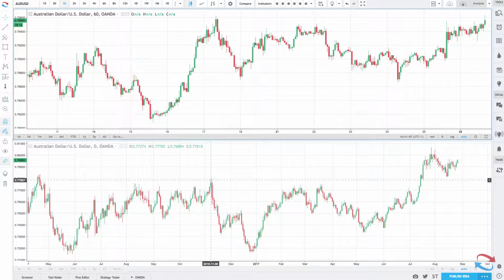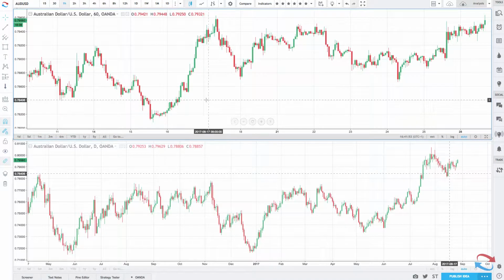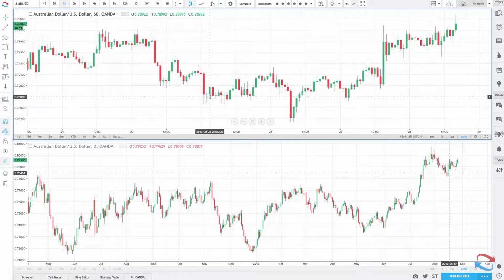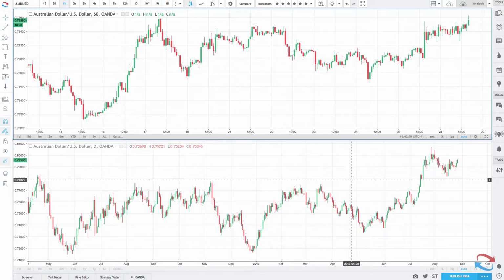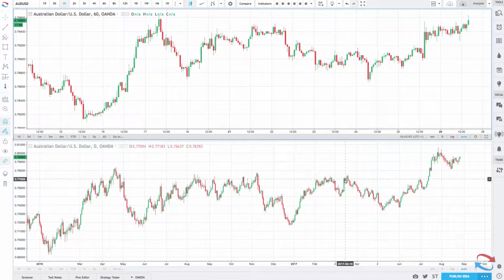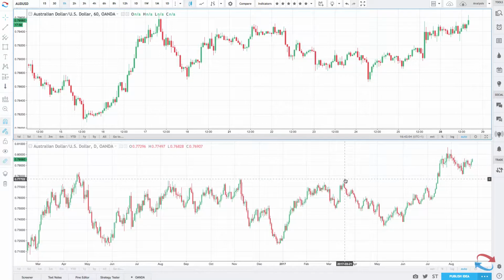So another reason why traders will use the higher time frame but use the lower time frame for precision is really because of the risk and the amount of pips that you would have to risk. So let me walk you through an example and the process of what I'm talking about. We're on an Australian dollar US dollar currency pair.